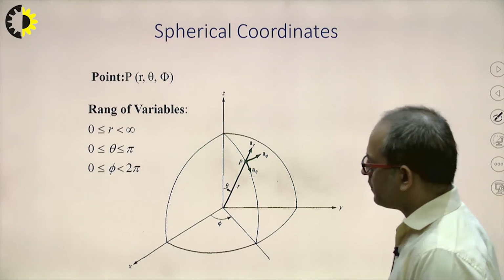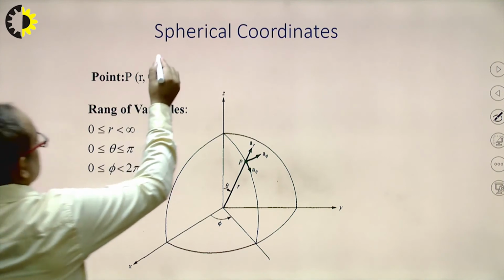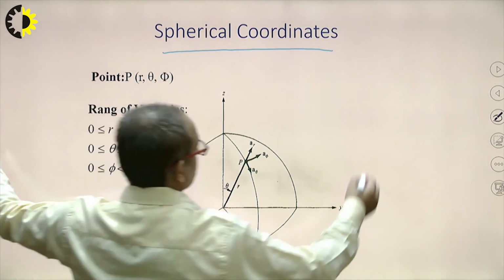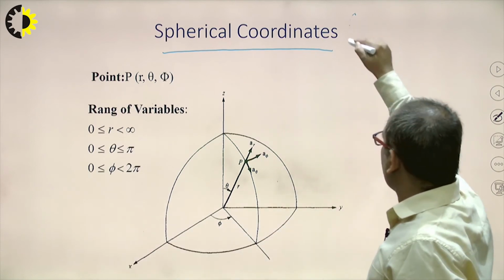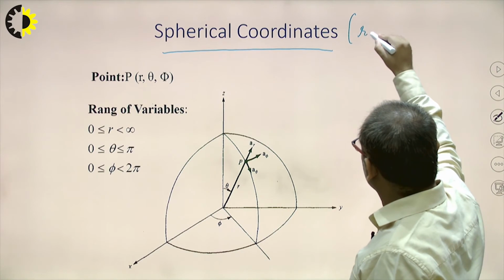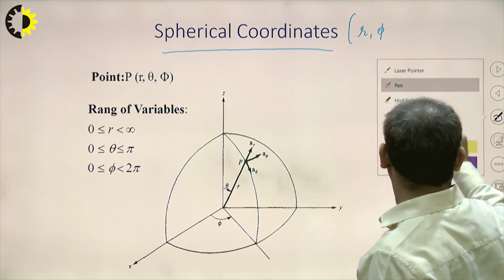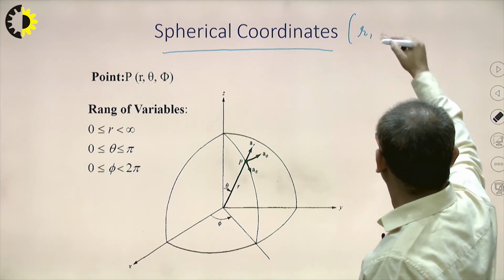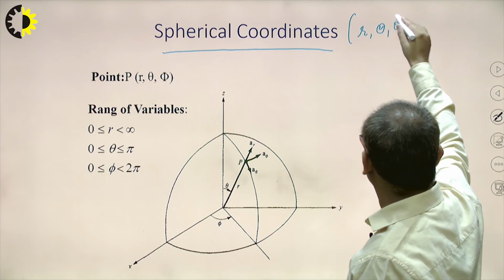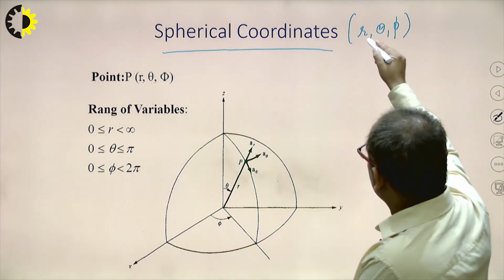Now the next coordinate system is the spherical coordinate system. In this spherical coordinate system, the space is represented by r, theta and phi. Clear? And what are r, theta and phi?